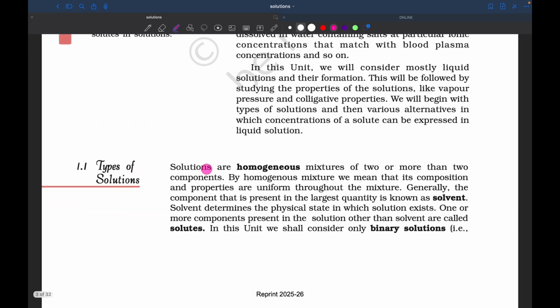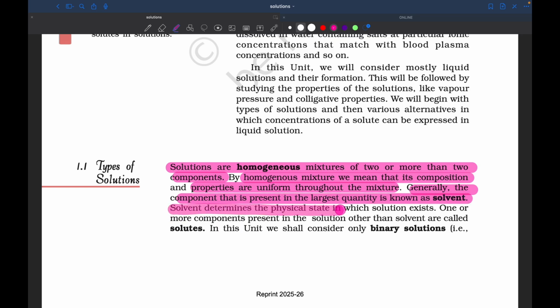Solutions are homogeneous mixtures of two or more components. By homogeneous mixture, we mean that its composition and properties are uniform throughout the mixture. Generally, the component present in the largest quantity is called the solvent, and the solvent determines the physical state in which the solution exists.